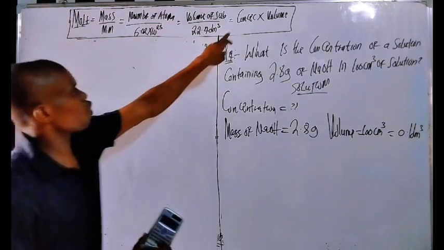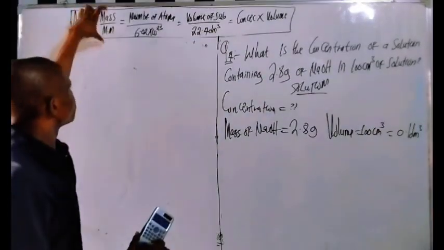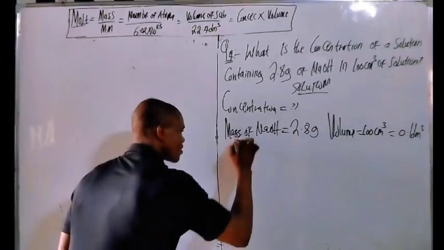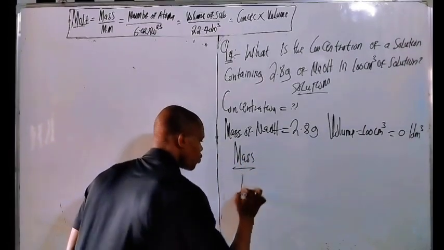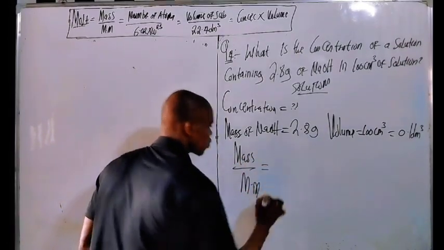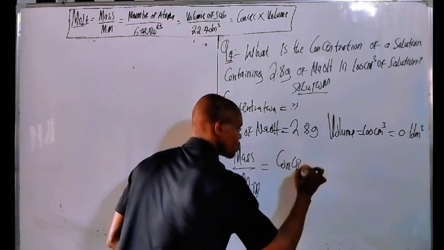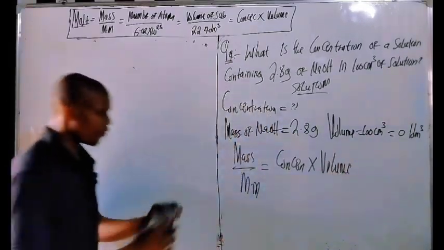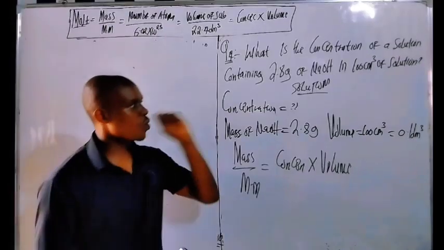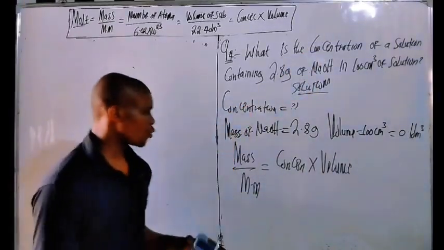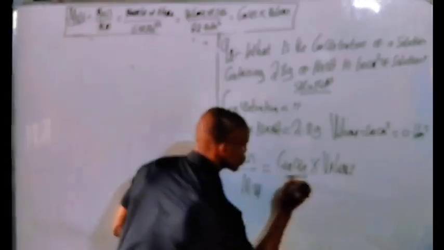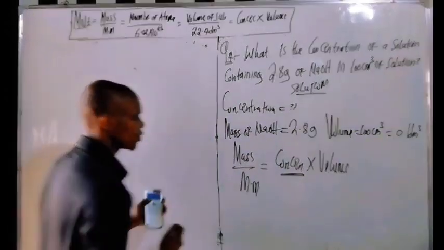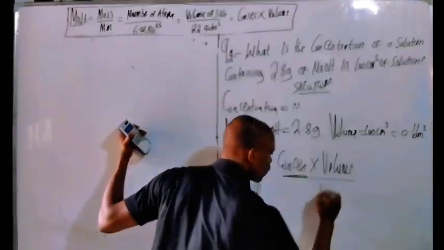So the next step is to bring out the formulas you are going to make use of. We are going to use concentration and mass, because they gave us the mass. So mass over molar mass equals concentration times volume.